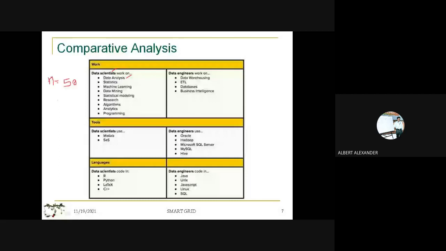The data scientist will make the data analysis, draw the graph between voltage and current, make algorithms, and use machine learning. Normally data scientists use MATLAB, and they can also use R, Python, LaTeX or C++ for analyzing the data.